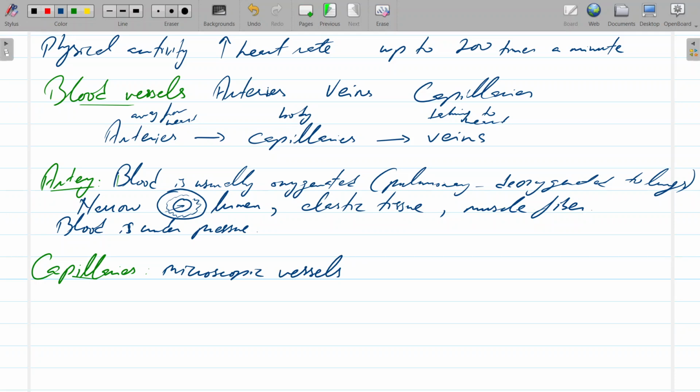And they branch and, as I mentioned, form a network supplying all cells of the body with blood. They are very thin. Their diameter is 0.001 millimeter, or it could be said only 1 micrometer in diameter.